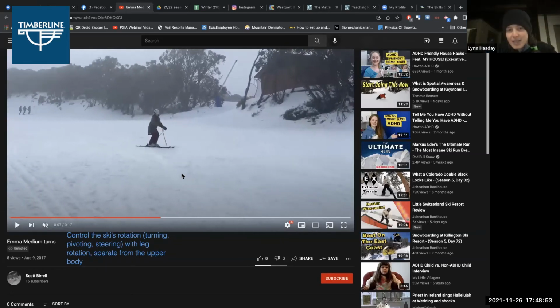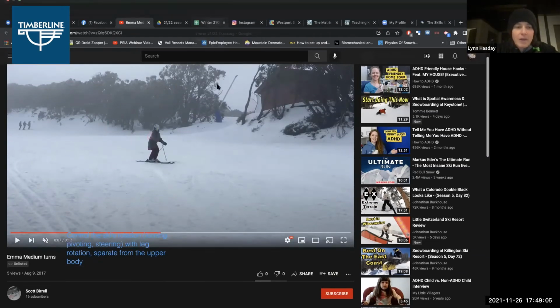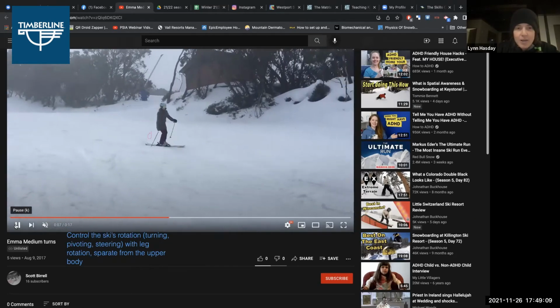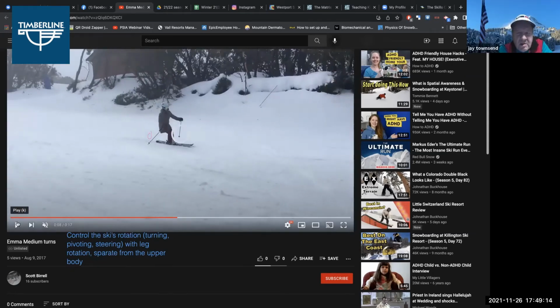Do you see how you can see the inside of the skier's jacket right there? Right over there, yeah. And then as I scroll, and then as you go through, it disappears. Right. I lost it. I saw it.